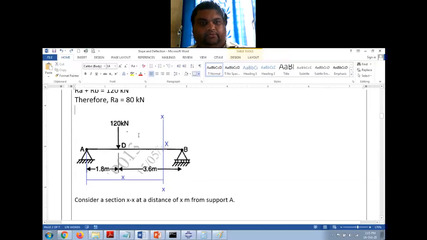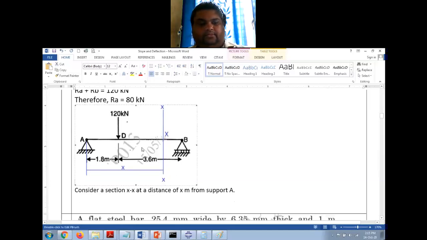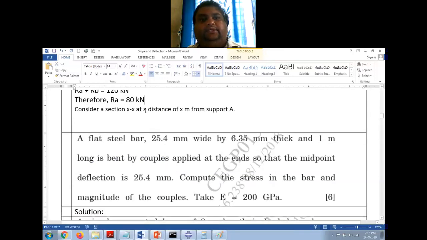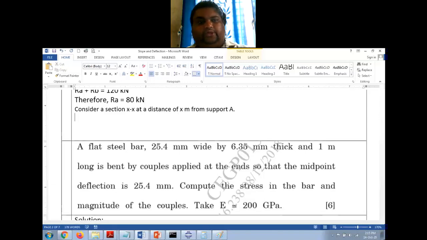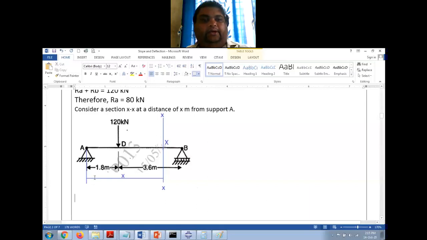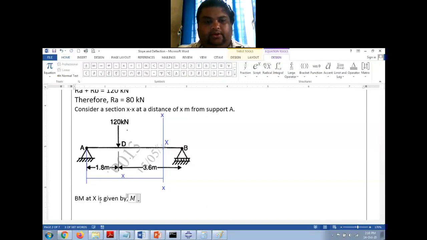Now what I will do, I'll just cut this. Consider a section XX at a distance of x meter from support A, and then I will write this. Okay. Now bending moment at X. Bending moment at X is given by Mx.